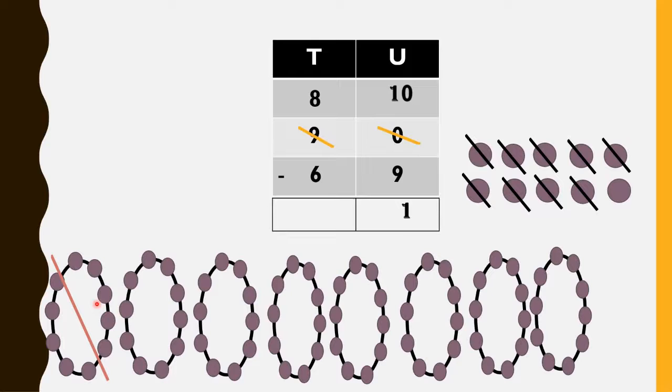So let's start. 1, 2, 3, 4, 5 and 6. So how many are left? 1 and 2. So 8 minus 6 is 2. So the answer is 2 tens and 1 unit. That is 21.